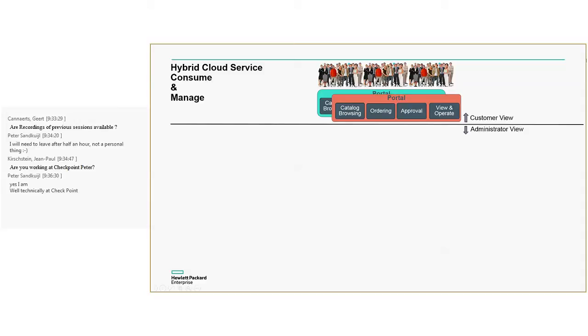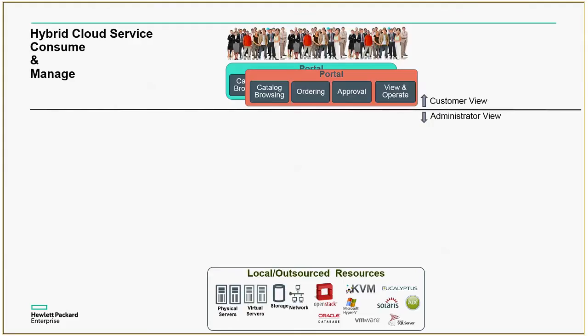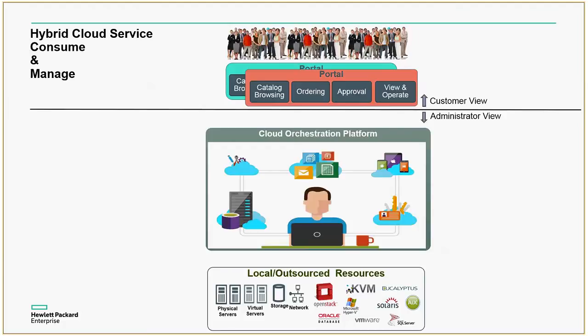We've seen it a couple of times. Underneath is the admin view, with all these resources and various technologies that actually play within the data center. This is represented as the spaghetti of the traditional environment that you have, or maybe you have already standardized it, but it represents various technologies, various service offerings that you need to put into the mix through your cloud orchestration platform.